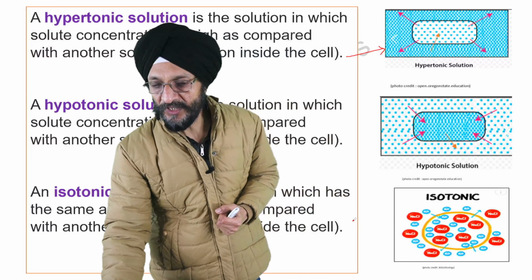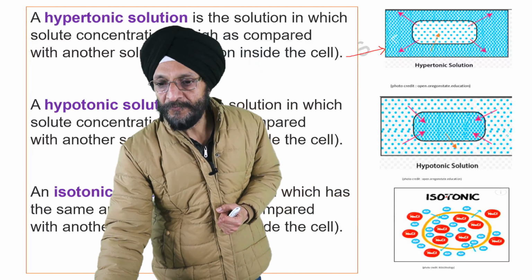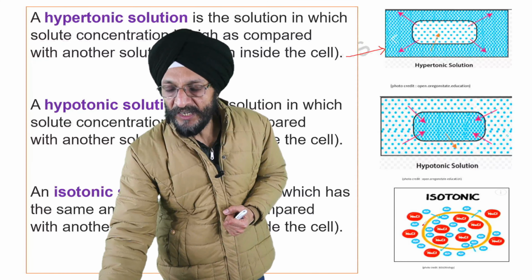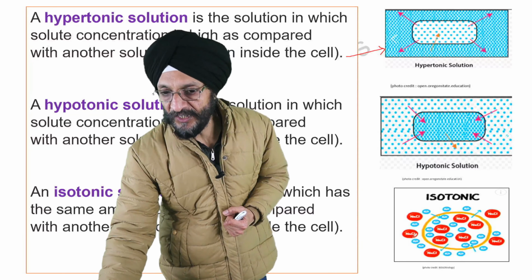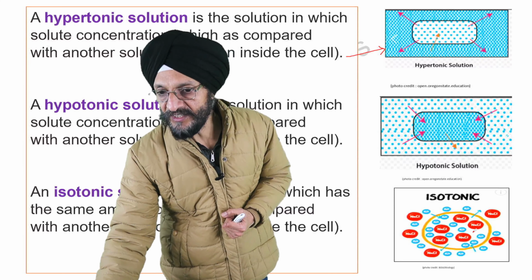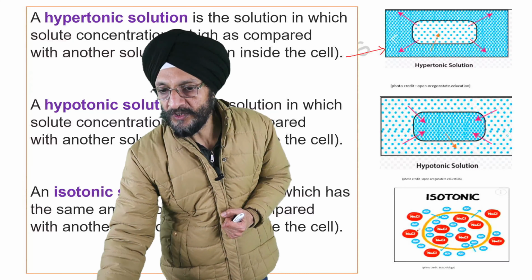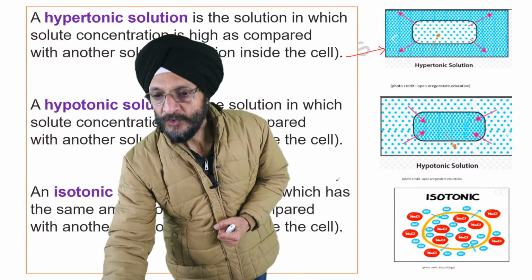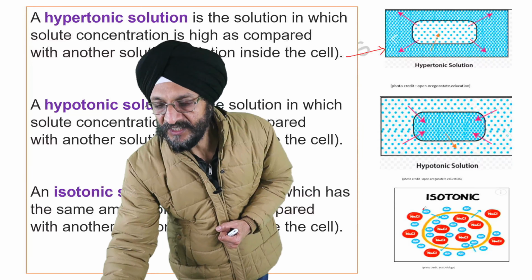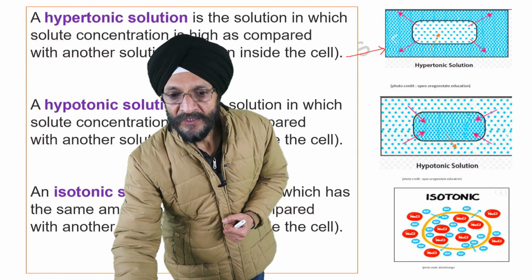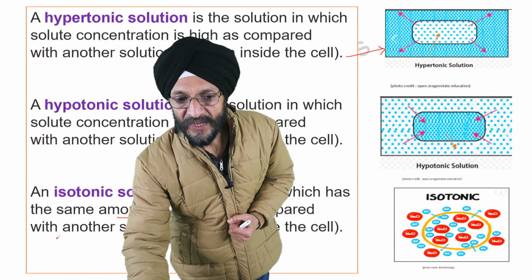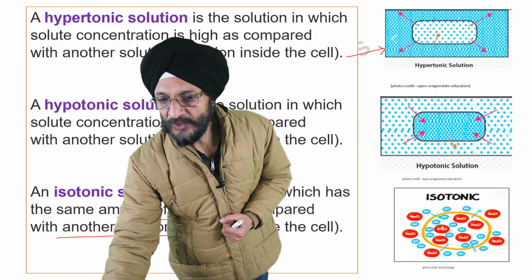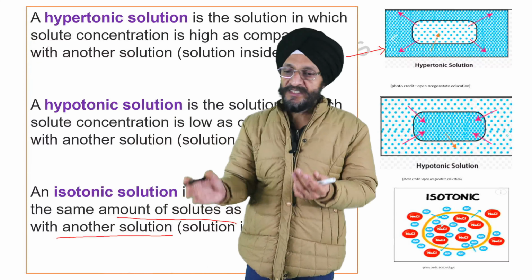So now let's talk about the isotonic solution. If we assume that this is the cell and you find that the number of solutes inside the cell and the number of solutes outside the cell are equal, then outside the cell, this is the isotonic solution, in which it has the same amount of solutes as compared with the solution inside the cell.